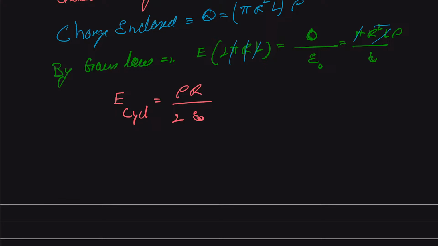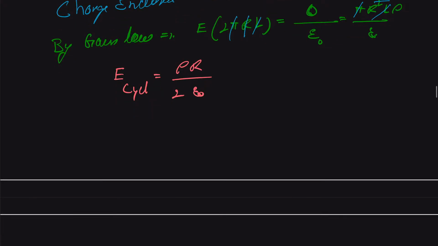Okay. And this, let me come to that point later on. Now we come to our third part, that is the infinite slab. Its thickness is given as 2r.